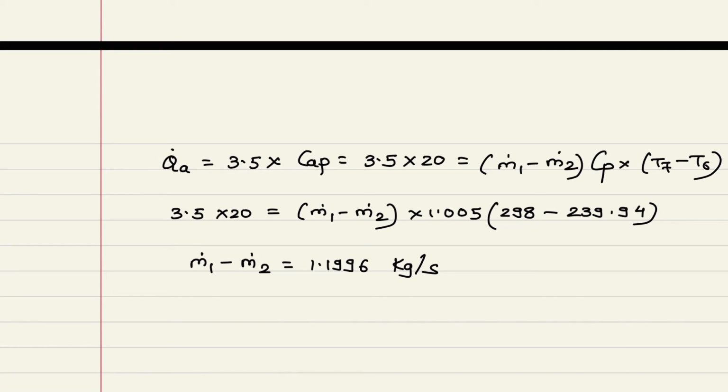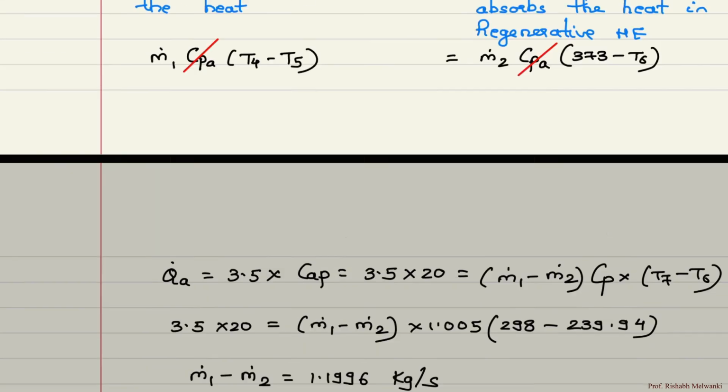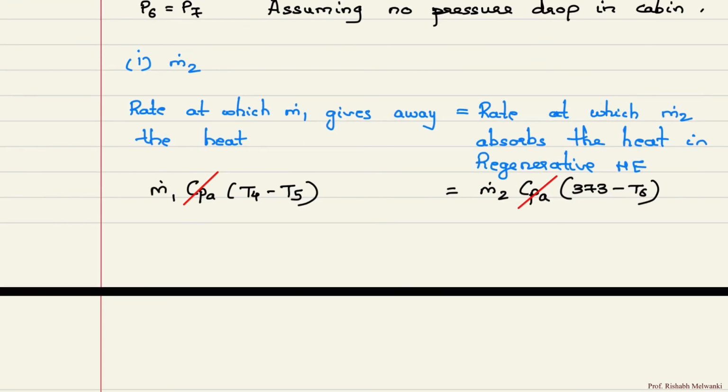So from here we get m dot 1 is equal to 1.1996 plus m dot 2. Now substitute this value in the equation written over here.